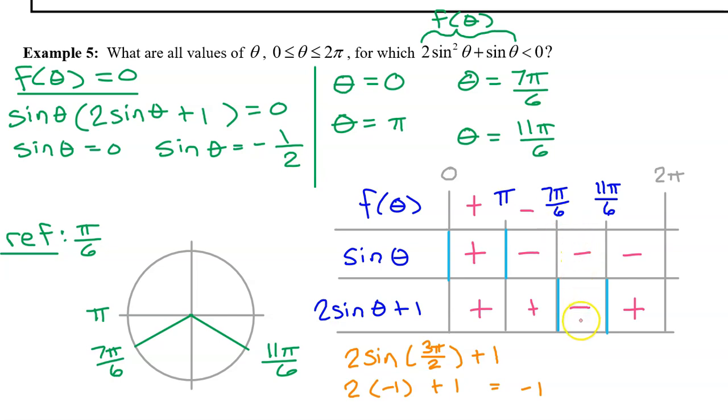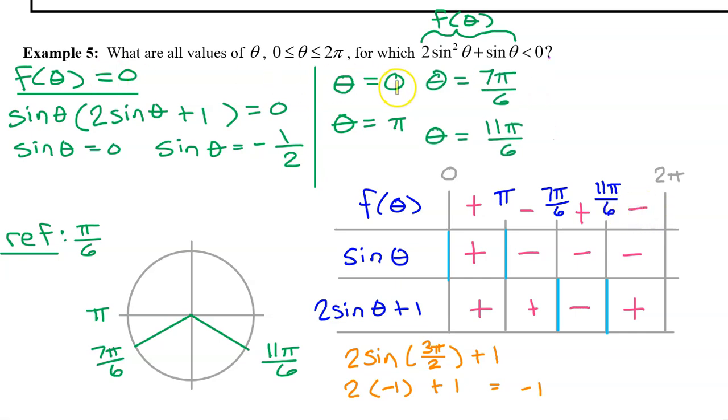An even number of negatives on this interval indicates that the overall sign is positive, and the last interval has only one negative, so the overall sign is negative. Remember, we are looking for the values of theta that will cause f of theta to be less than 0. So the solutions will be in these intervals where f of theta is negative.